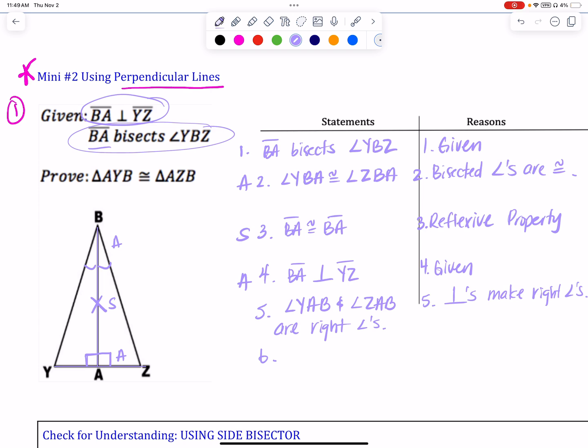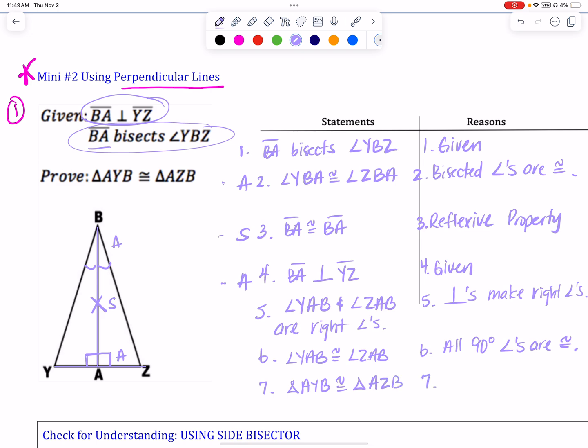After we establish that they're right, then we can say that those two angles are congruent. Why? Because all 90-degree angles are congruent. All 90 degree angles are all 90 degrees. They can't be anything else. That's why they're equal to each other. And then we finally end with, now that we have ASA, we could say that triangle AYB is congruent to triangle AZB using angle, side, angle.